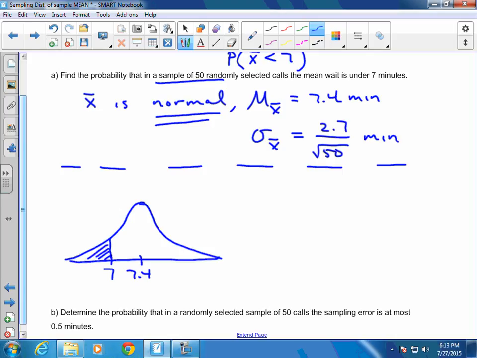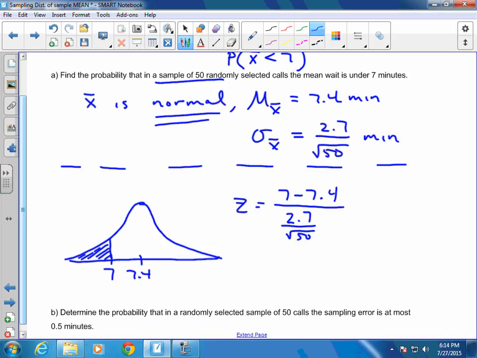We're looking for an area to the left, right, because it says probability that your wait time is under 7 minutes. I'm ready to do the z-scores. The only part to really watch out for, can't divide by 2.7 here. That was the standard deviation for the individual wait times. We have to divide by the standard deviation of our sample mean.